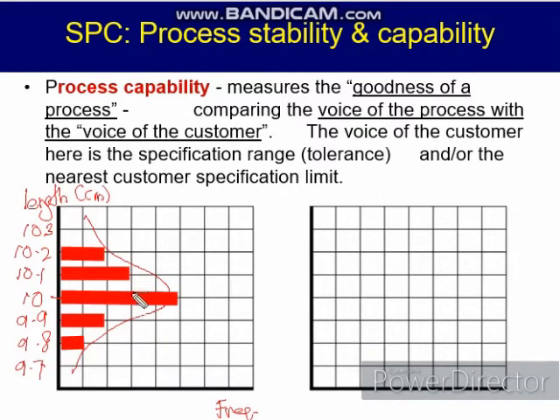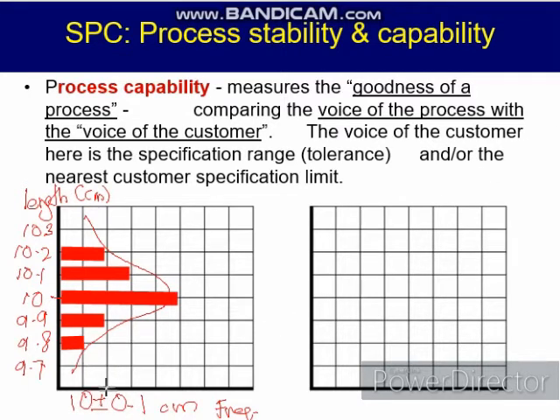So again, we want to compare this voice of the process to the voice of the customer. Let's say for this particular pen, the customer says that the length must be 10 centimeter plus or minus 0.1 centimeter, right? So basically I can draw an upper and lower specification limit for this process.